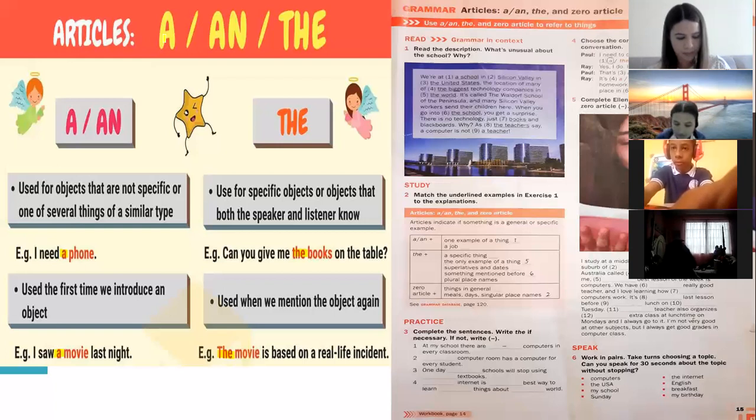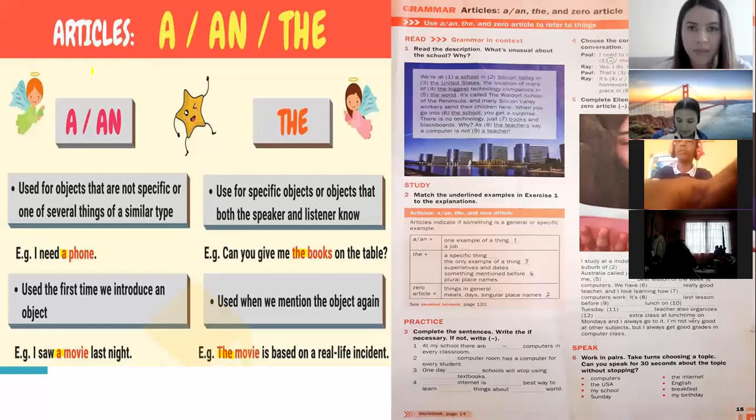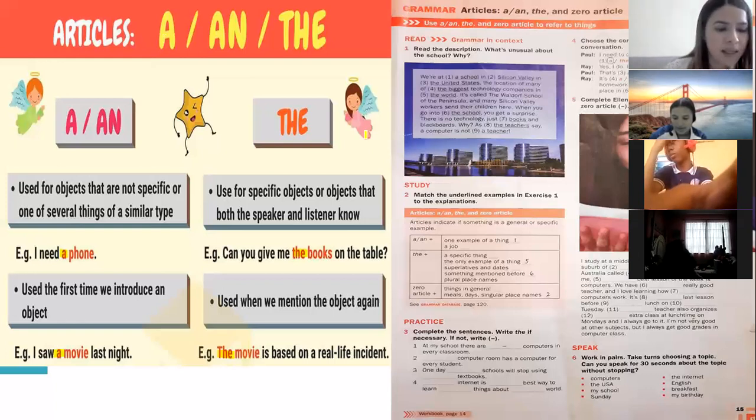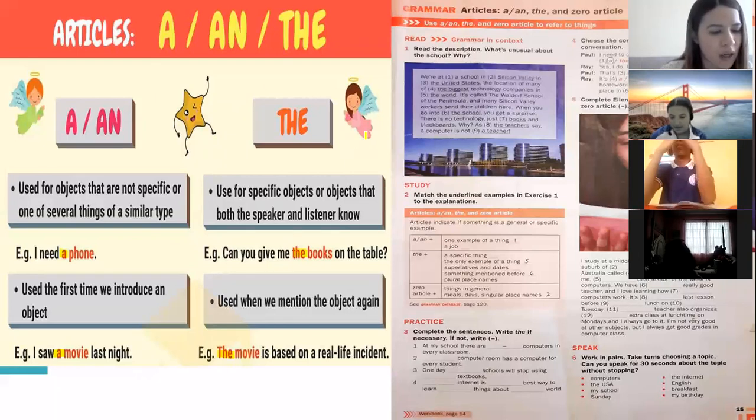Okay. Let me read again. Since we are at a school in Silicon Valley, in the United States, the location of many of the biggest technology companies in the world, it's called the Waldorf School of the Peninsula. And many Silicon Valley workers send their children here.